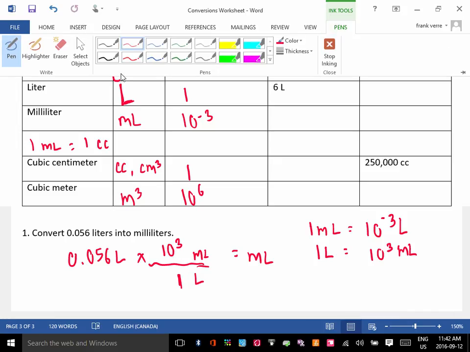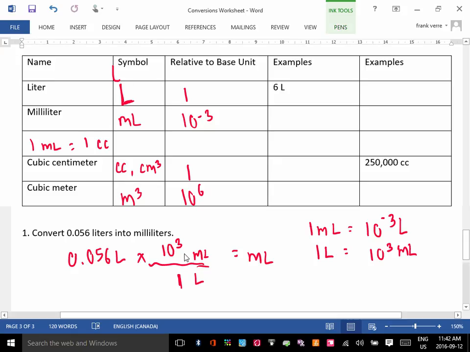If we put a 1 here, then this would be 10 to the negative 3. Either way, it's the same, right? You're going to get the exact same answer. So then our answer becomes, well, we move the decimal over 1, 2, 3. So it's 56 milliliters because the liters cancel out.